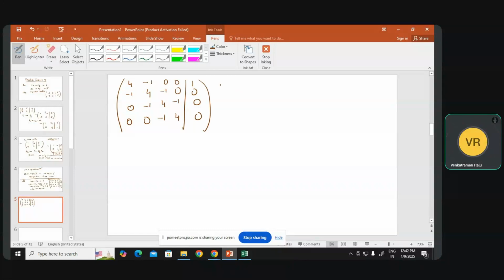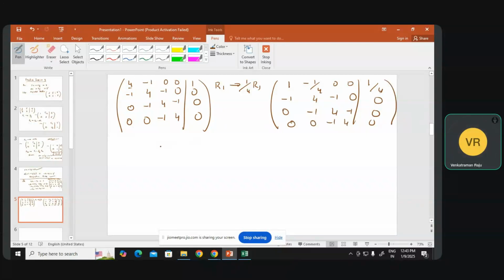So I'll quickly tell you R1 goes to 1 by 4 R1, because I want to make the pivot element 1 here. So it becomes 1, minus 1 by 4, 0, 0, 1 by 4. Rest all same.